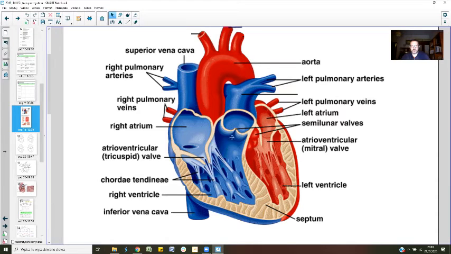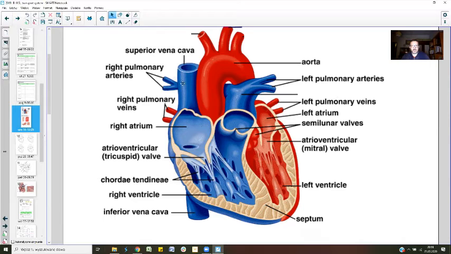Of course, we have here the right side of the heart, here the left side of the heart, with the right atrium and right ventricle. Here we have the left atrium and left ventricle.